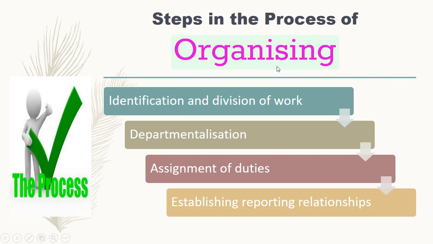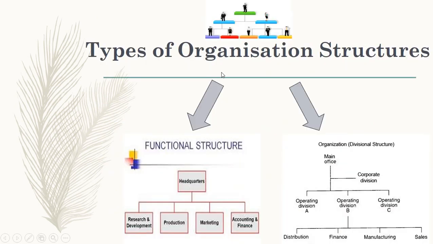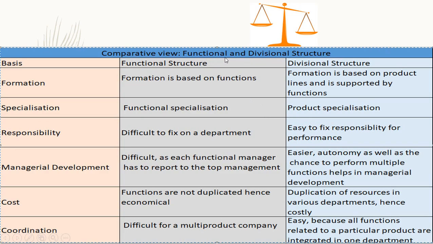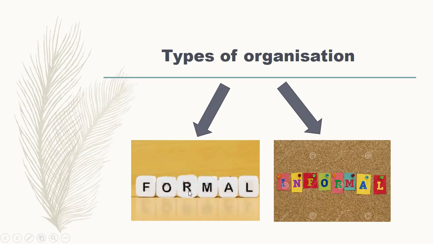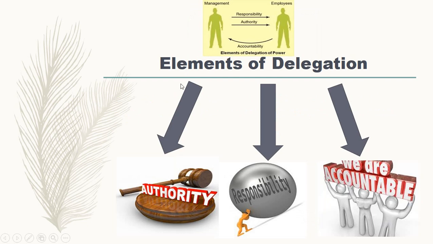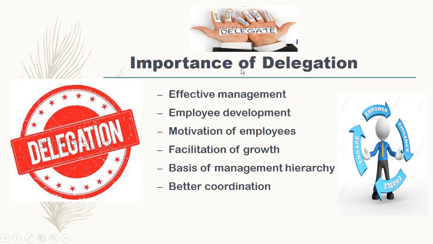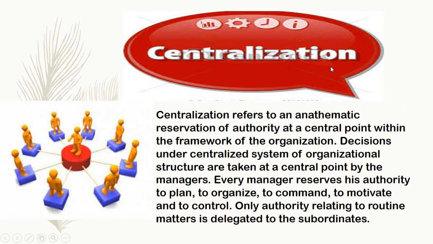steps in the process of organizing, importance of organizing, organization structure, types of organization structure, that is functional structure and divisional structure, comparative view of functional and divisional structure, types of organization, that is formal organization and informal organization, formal and informal organization, a comparative view, delegation, elements of delegation, overview of elements of delegation, importance of delegation, and centralization.